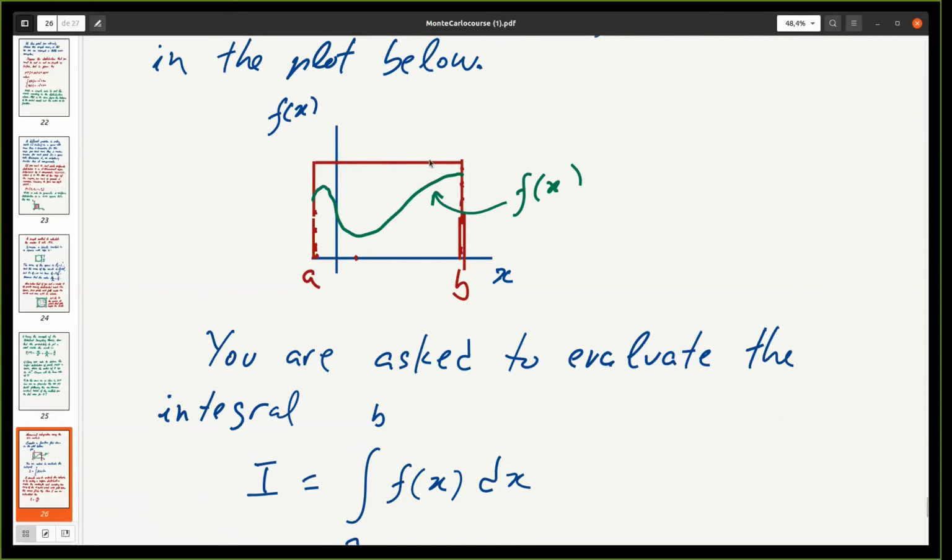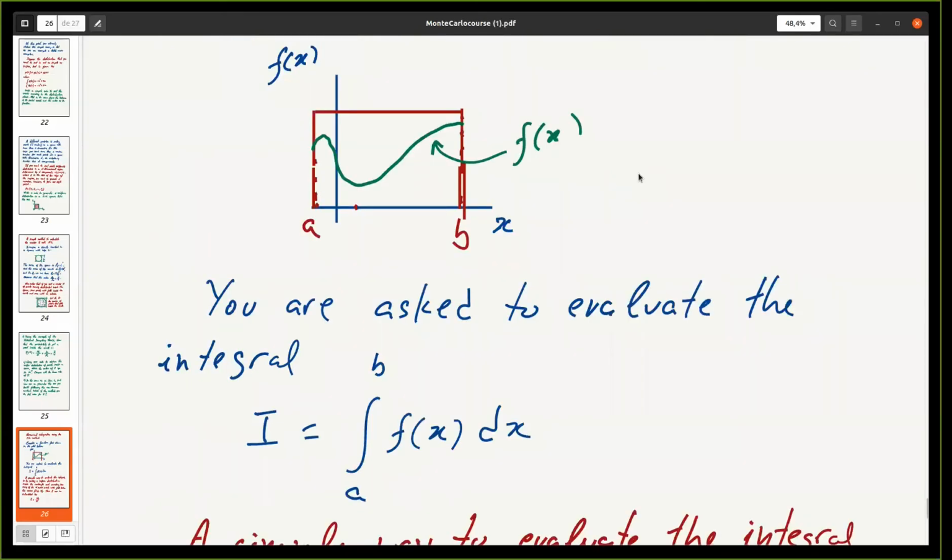There is a lot of arbitrariness when you choose the rectangle, but it's usually good practice to avoid leaving areas much different below the curve and above the curve. So try to get areas that are similar. And then you are asked to calculate this integral of the function.